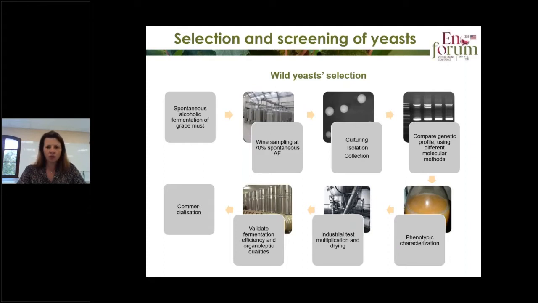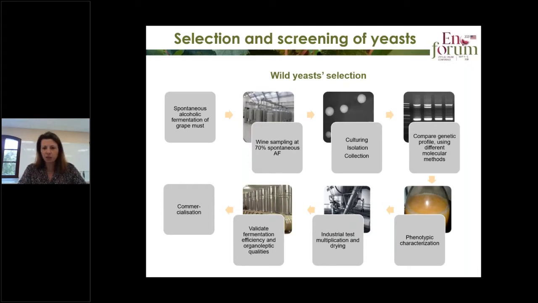After cultivation and isolation, about 20 colonies of strains belonging to each sample of wine, a DNA extraction was followed. Molecular biology allows us to determine if the strains are similar or different.